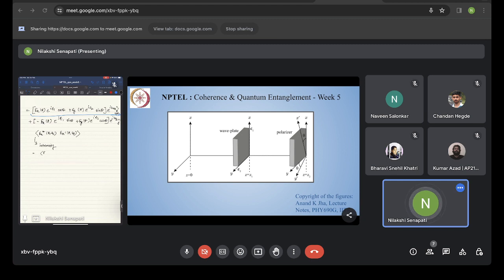You can calculate it by yourself step by step: just put this star part here and this part here, and write it out step by step. Then what we will get is this: cos square theta plus Ey star t Eyt sin square theta plus Ex star t Eyt cos theta sin theta e to the power i (epsilon 2 minus epsilon 1) plus the complex conjugate part.